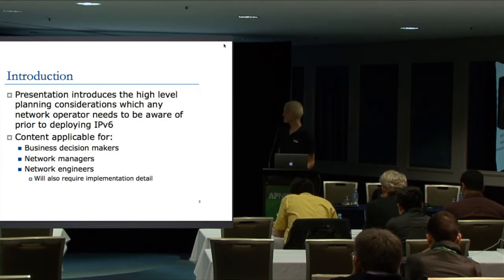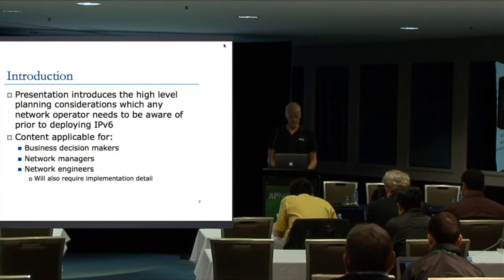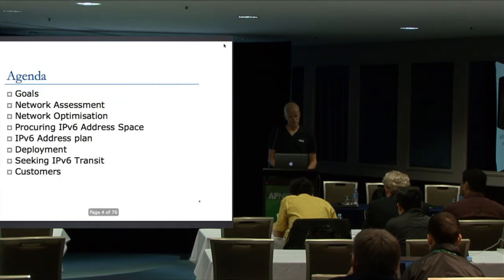So I generally think this is applicable for business decision makers, network managers, and network engineers. Network engineers will know how routers function and so forth, so they'll know how to follow on from what I suggest here. The agenda looks long, but the 8 points here are not really so long.